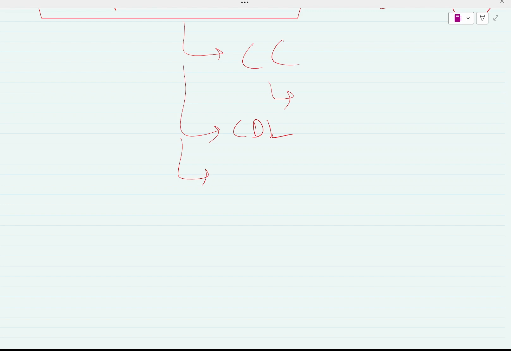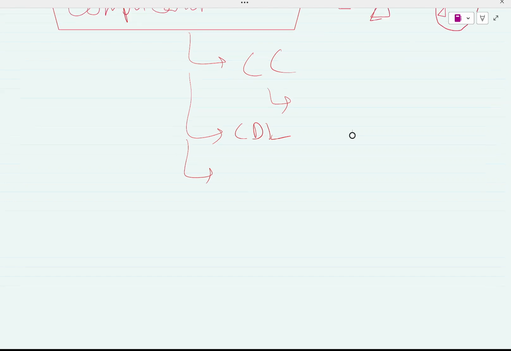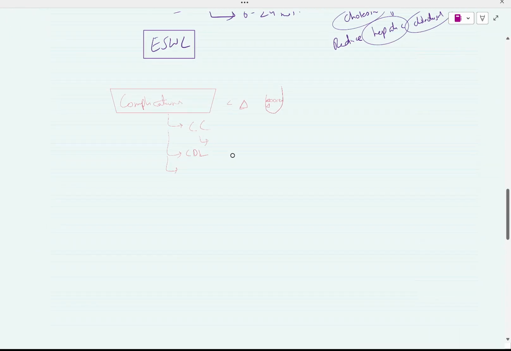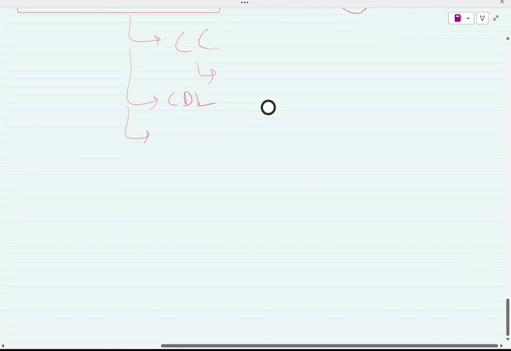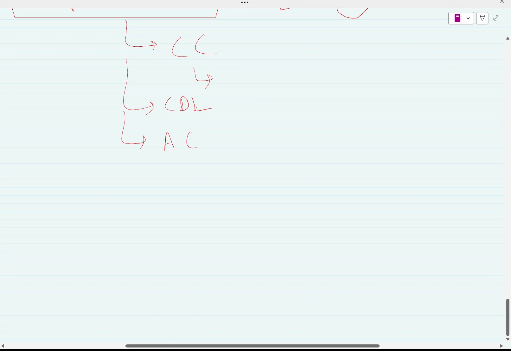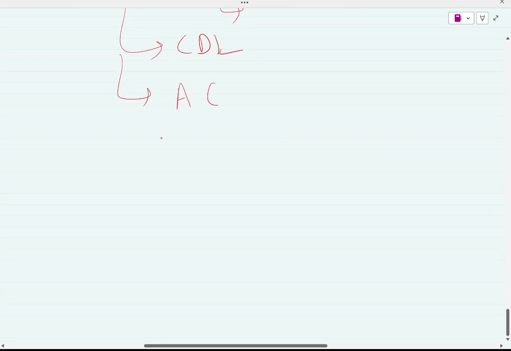This situation is called, I forgot this thing. When there is obstruction of the common bile duct, there will be ascending infection. This disease is called acute cholangitis, or acute biliary pancreatitis can also develop.